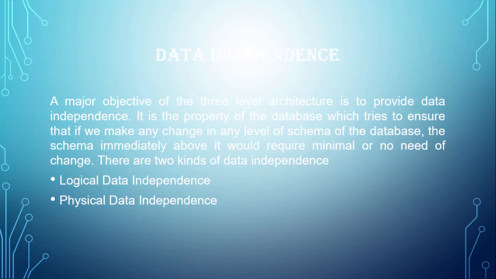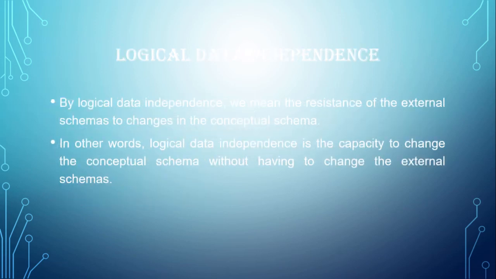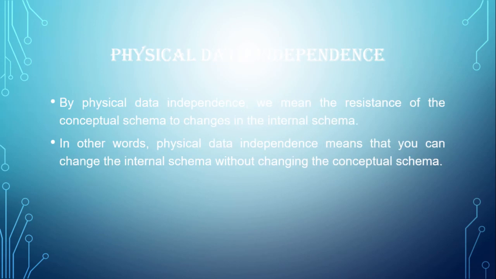In logical data independence, you may modify the conceptual schema to expand the database, but the existing external schemas are not changed. Therefore, application programs that use external schemas continue to work even after the conceptual schema undergoes a change.